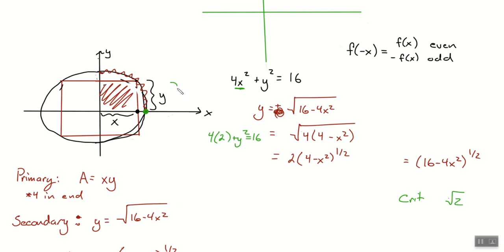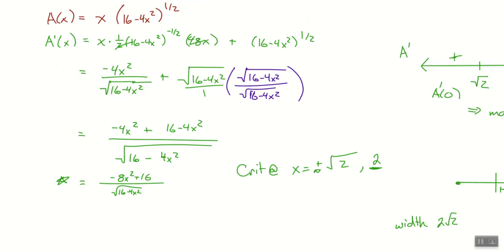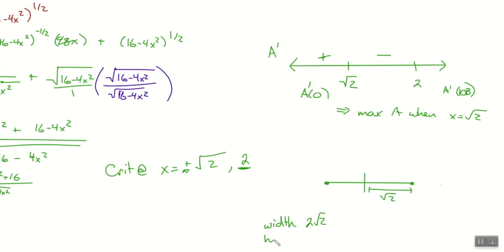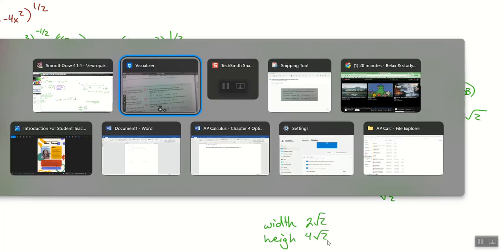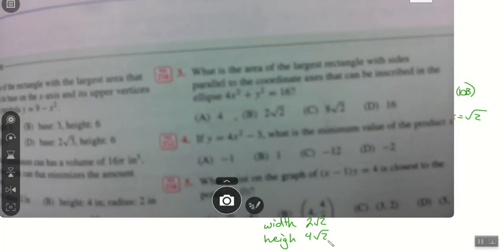If this is 2 root 2 right here, the real height is what? 4 root 2? So if I go all the way back, here's my root, it's 2 root 2. The height is 4 root 2. Can you find this area? 8 times root 2 times root 2. 16. Okay, big moment here. We are hoping and hoping and hoping that 16 is an answer. Oh, thank God.